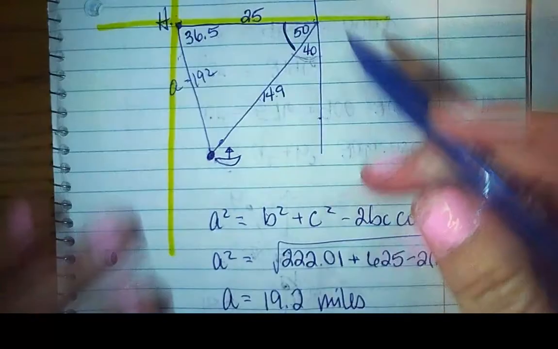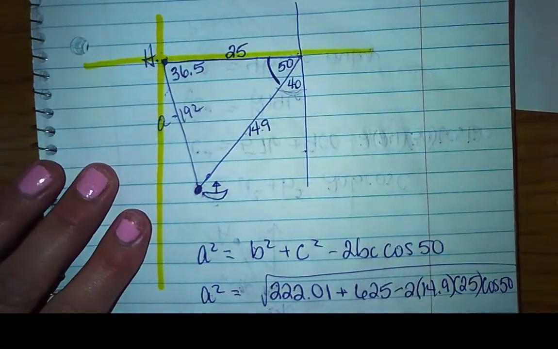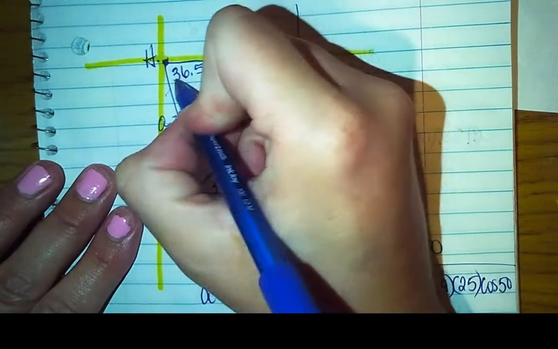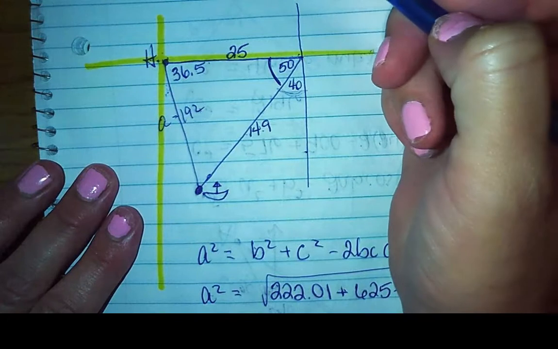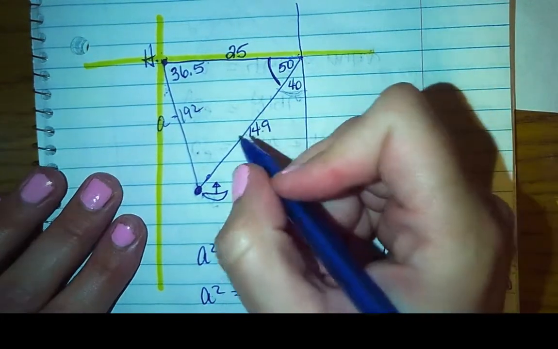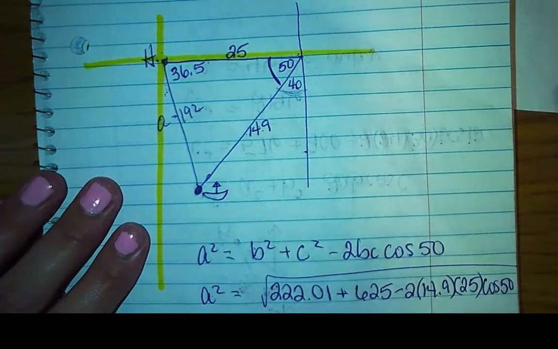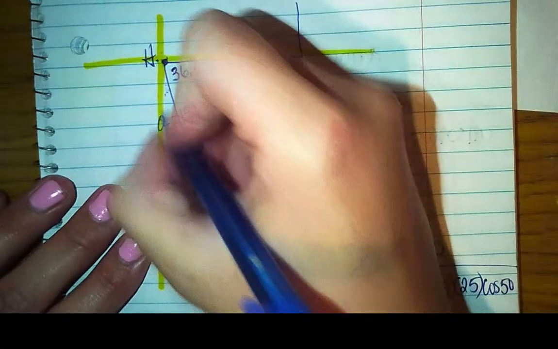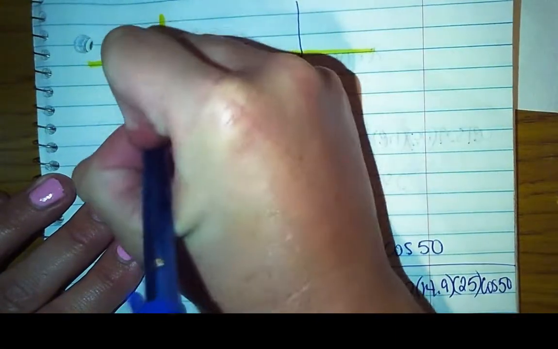But remember, for bearings, we have to either start with north or south first. So what is the leftover part? Because 36.5 plus this angle measure needs to be 90. So 90 minus 36.5 is going to be 53.5. So this angle measure is 53.5.